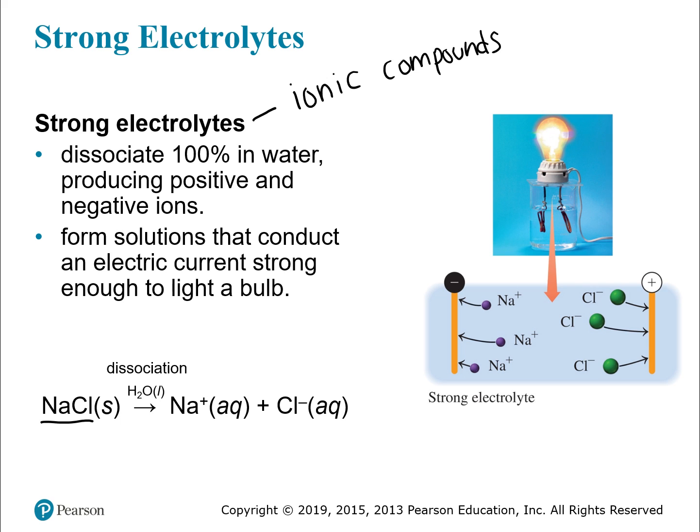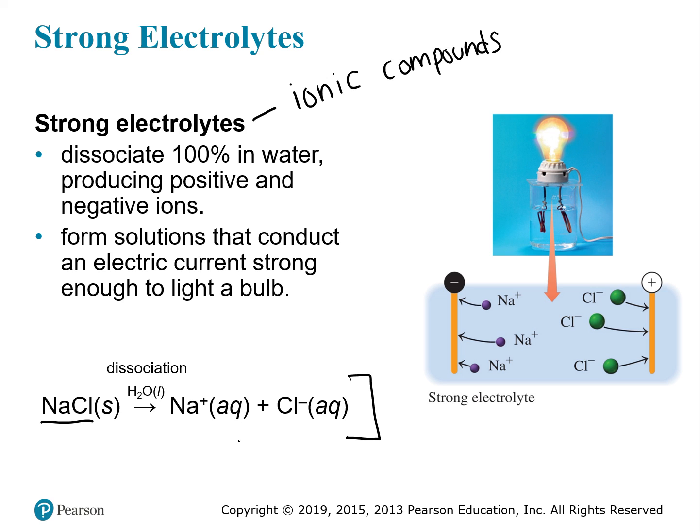When an electrolyte dissolves in water, you want to take note of what it looks like for the reaction. You're starting off with a solid like table salt. Then you have the yields arrow, and above it is water. So water is not a reactant here. We're just adding it to the reaction.